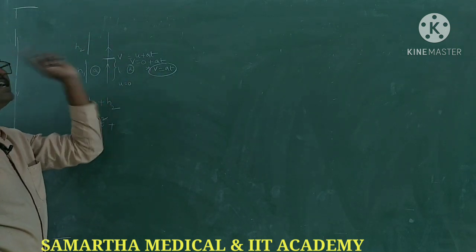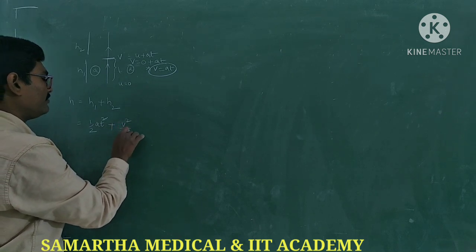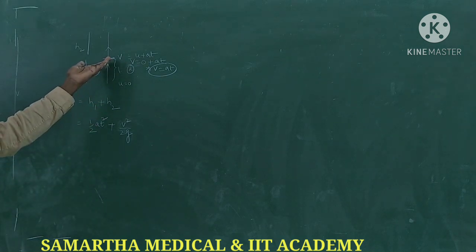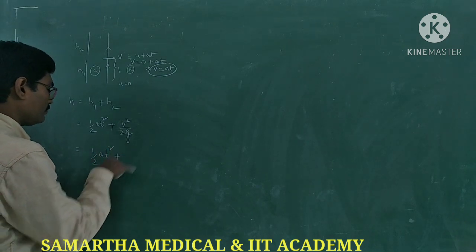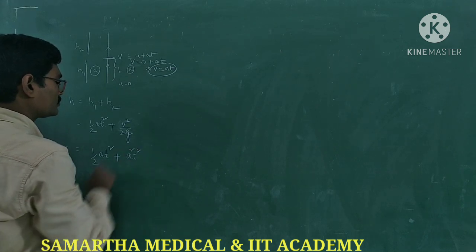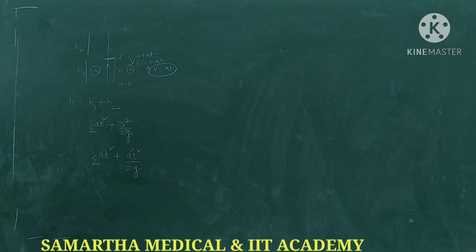With that it will go up by v square by 2g, like a vertically projected body. So h is half a t square plus v square by 2g, where v is at, so a square t square by 2g.